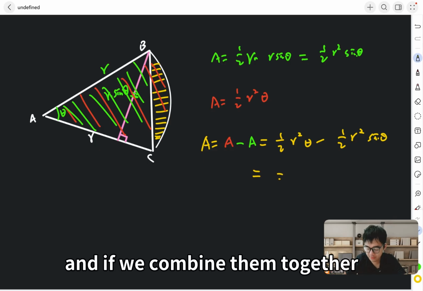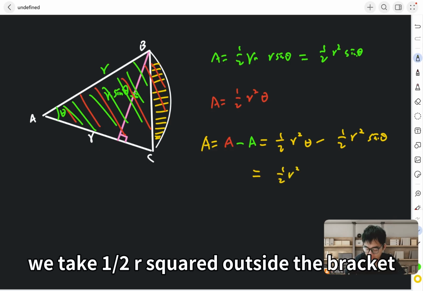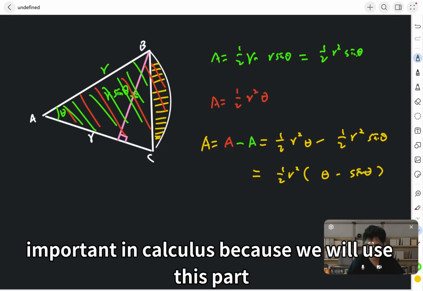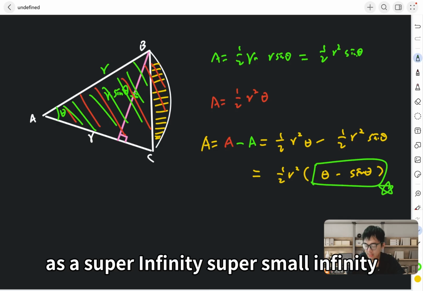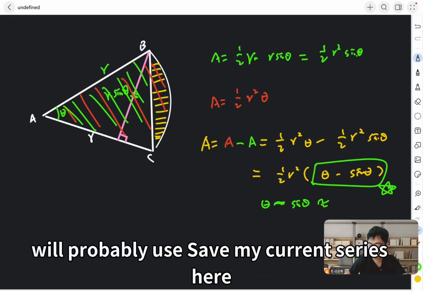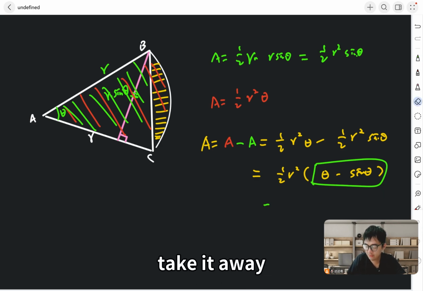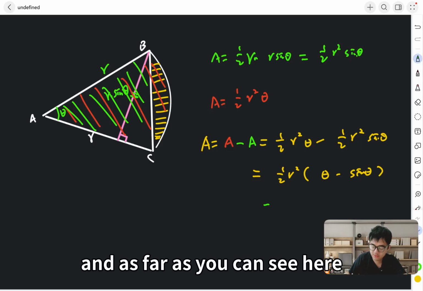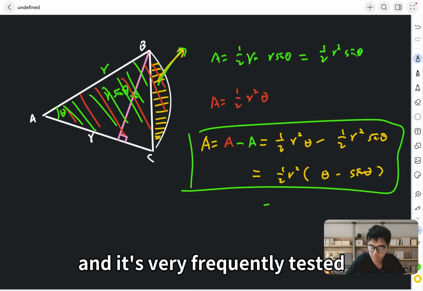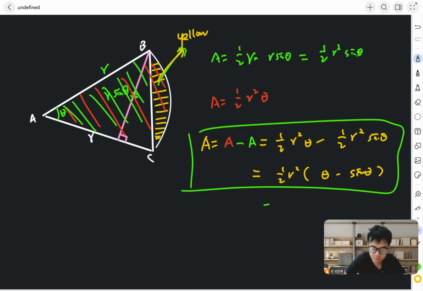If we take 1/2 r squared outside the bracket, it will be theta minus sine theta. Why is it important in calculus? Because we will use this part as a super small quantity, probably with a Maclaurin series, but let's just leave that. This is the formula for finding the yellow area, and it's very frequently tested in exams.